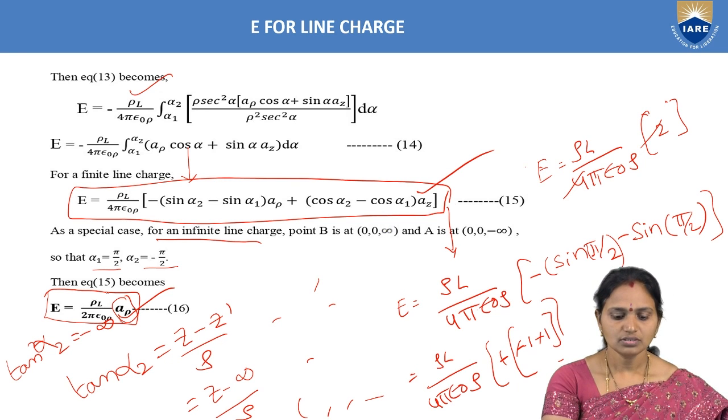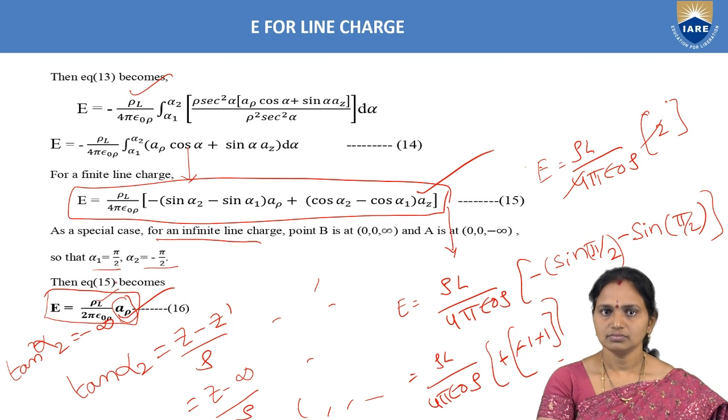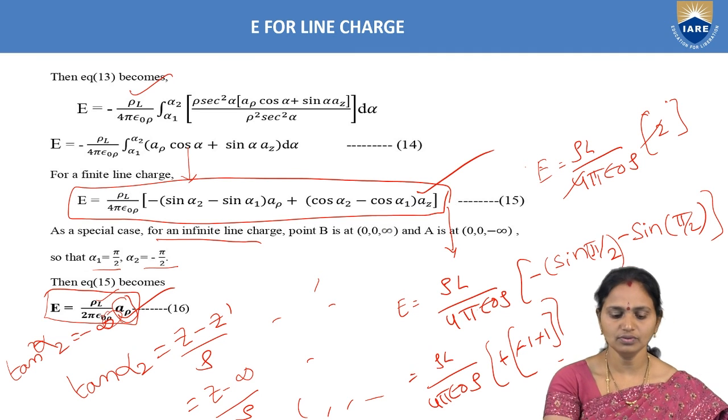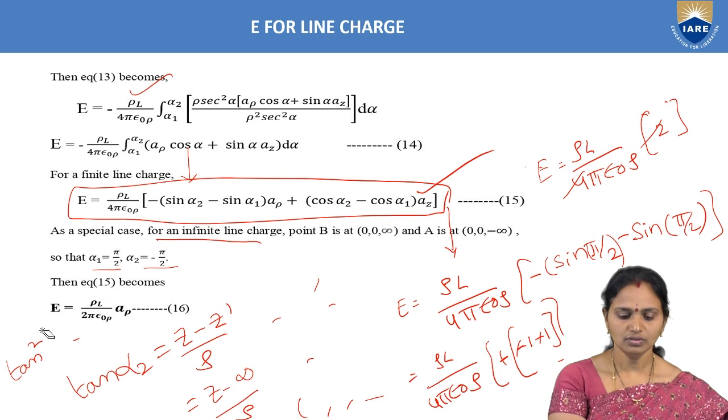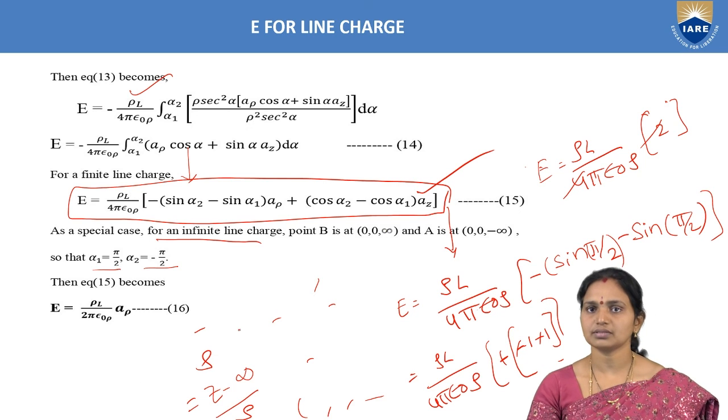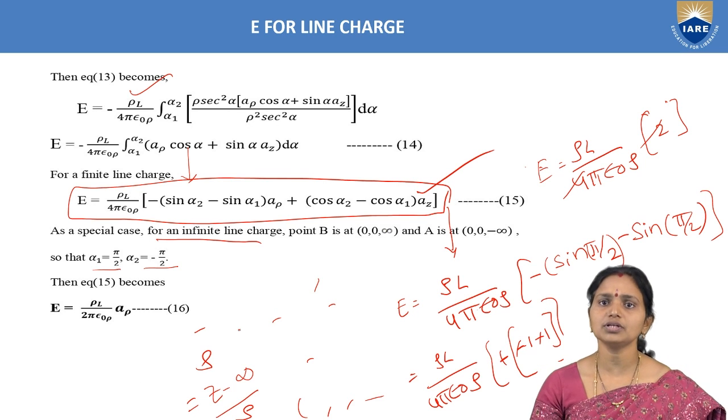In this equation, by knowing the line charge, we directly get rho L value, and by calculating the radial distance from z axis, that gives us rho value, and A rho is the unit vector. By taking all of them, we can directly calculate the field strength. This is all about the field strength calculation in case of line charge.